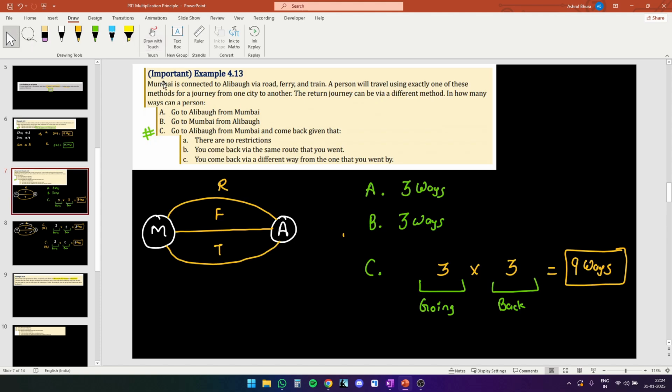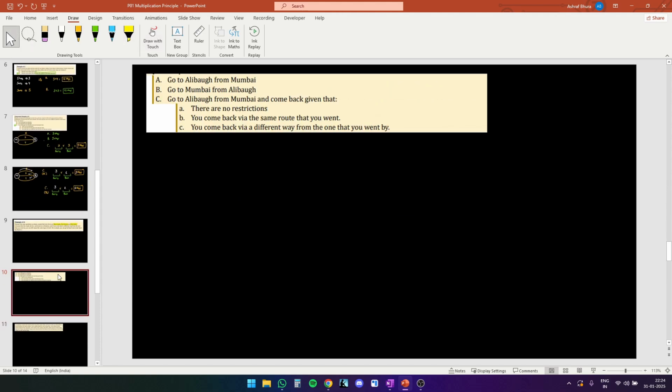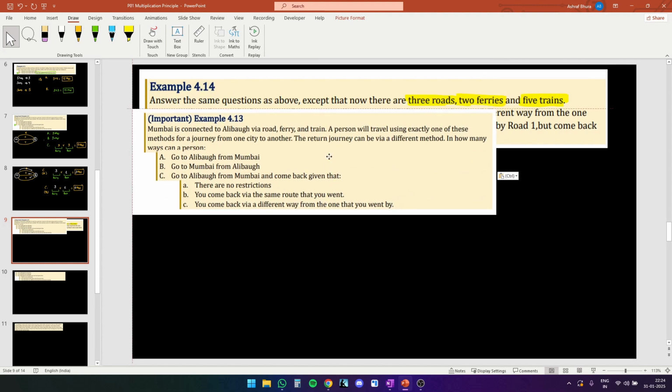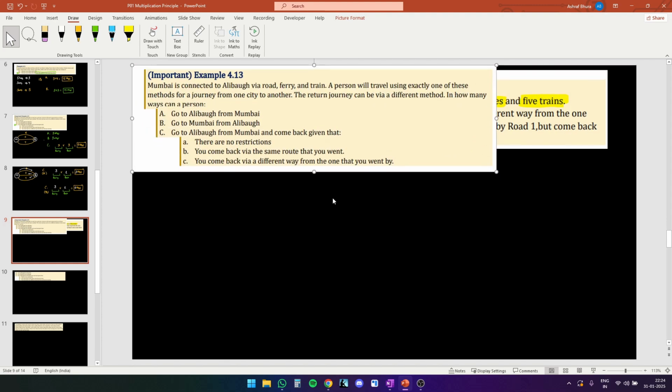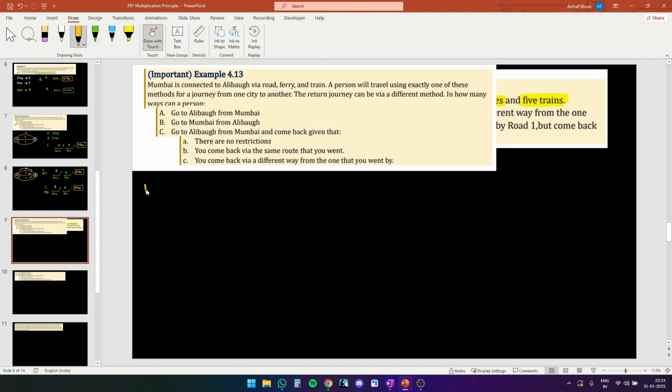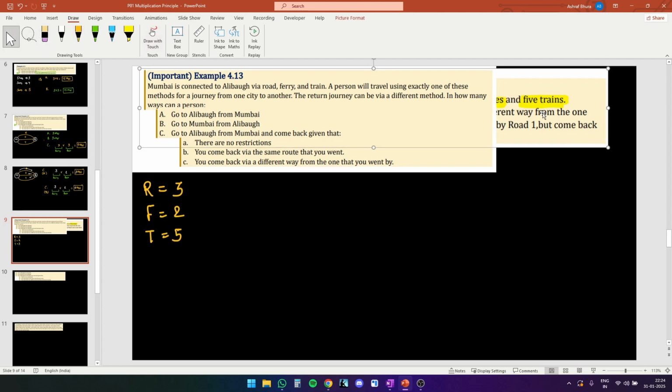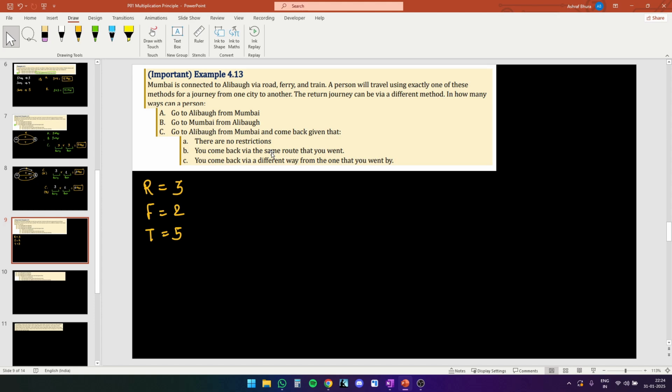Okay, so let's just take the question. So we are having roads equals to 3, ferries equals to 2, and trains equals to 5. Okay, so this is the condition which has been changed.